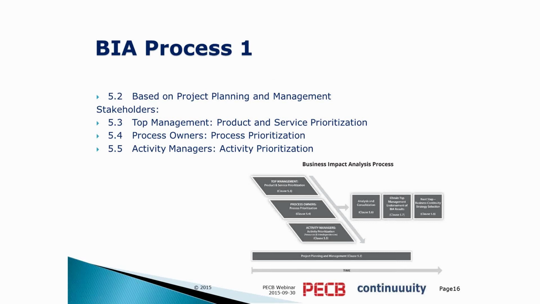They play an important role in product and service prioritization, and later on consolidation. Then we have the process owners. For me, they are the most important players, because they actually know how processes are working and how they are doing. And on a lower level, the activity managers responsible for the activities, which again support the processes.